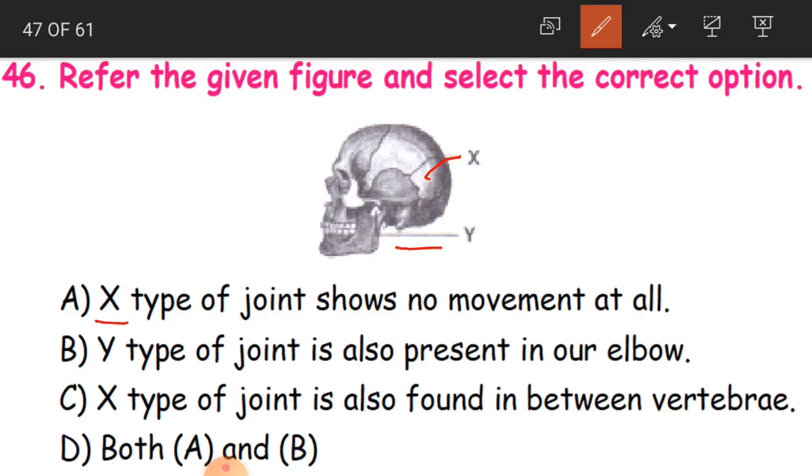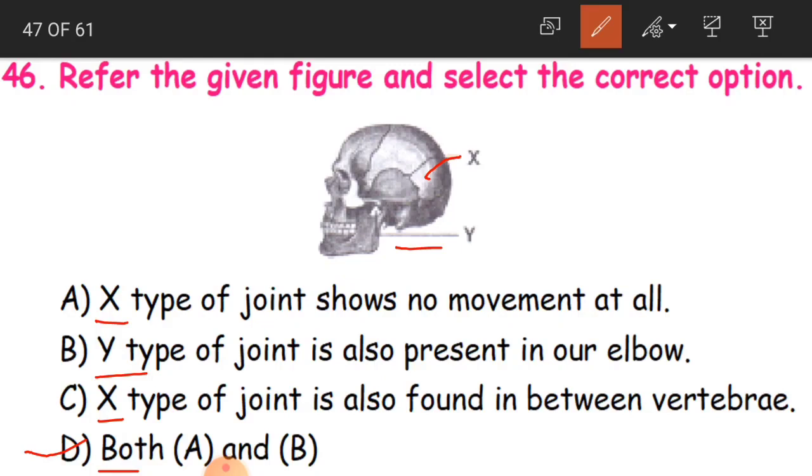And Y type of joint is also present in our elbow. C is X type of joints is also found between vertebrae. D is both A and B. So our answer is D, both A and B.